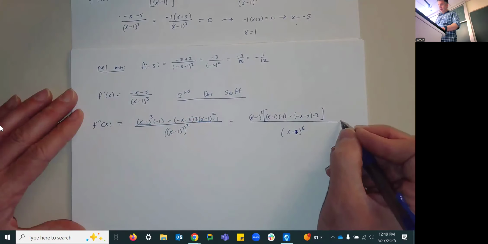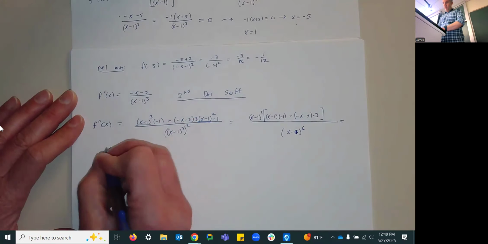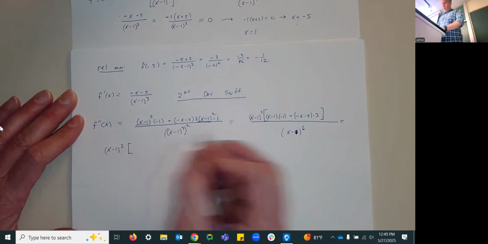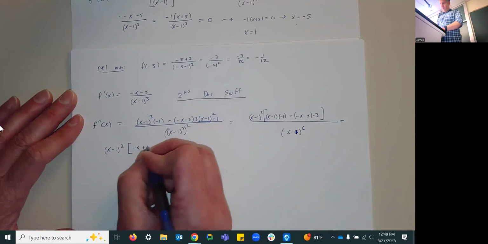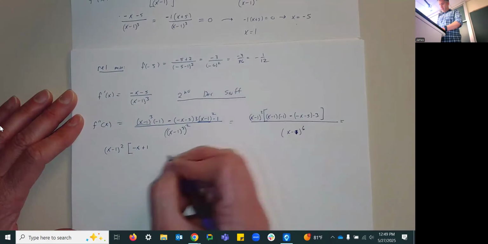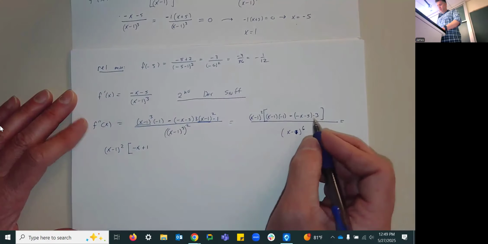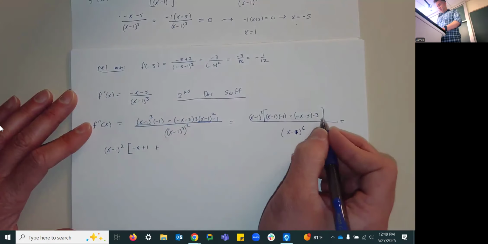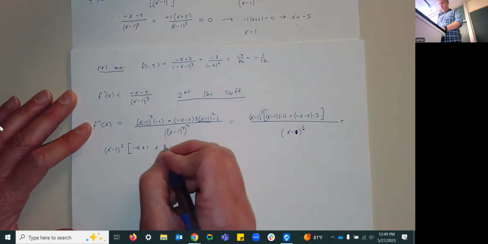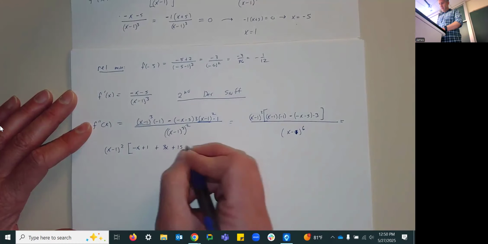All right, let's simplify. We got x minus 1 squared times, and distribute the -1 here, so I get -x plus 1. I'm going to choose the minus sign here, so it's sure, it's plus x plus 5 times 3. So it's going to be plus 3x plus 15.